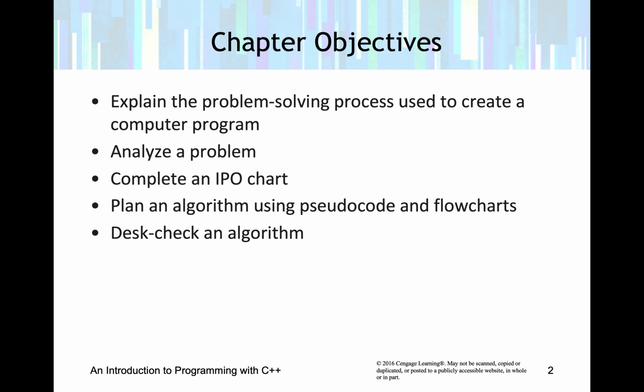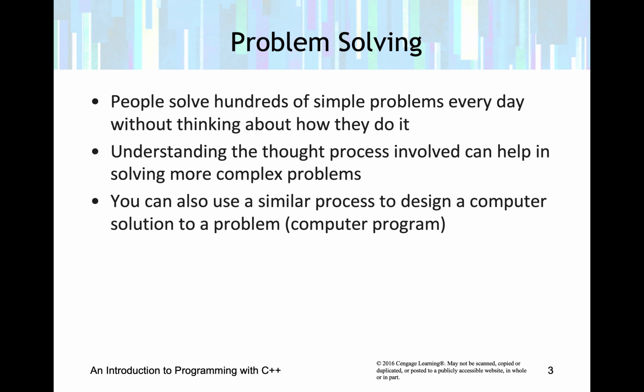And sometimes we create flowcharts, especially if they're really large programs. Flowcharts come in handy. And then we desk check our algorithm. The desk check is used by the person who's going to test the program, whether it's you or somebody else. So we're going to go over all those.